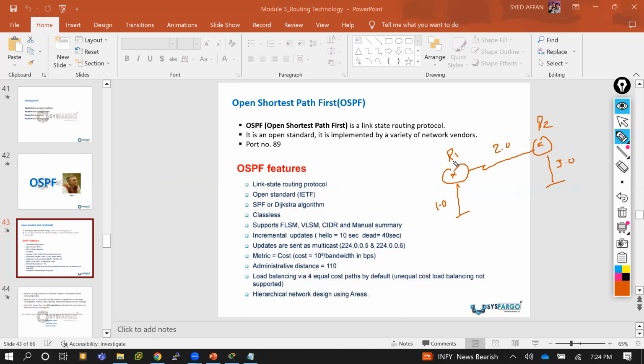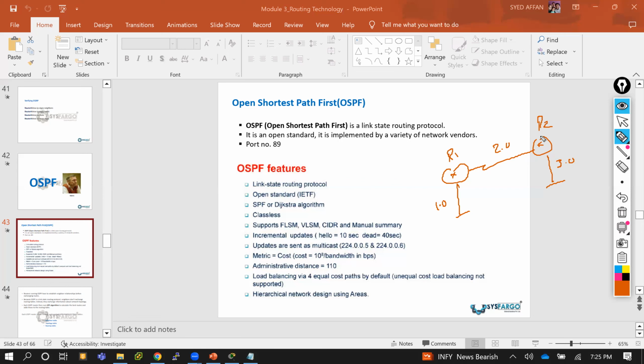Now I implement the routing protocol on both routers. The moment I implement it, both routers first form a neighbor relationship. After forming the neighbor relationship, they exchange information: what information router 1 has and what information router 2 has.